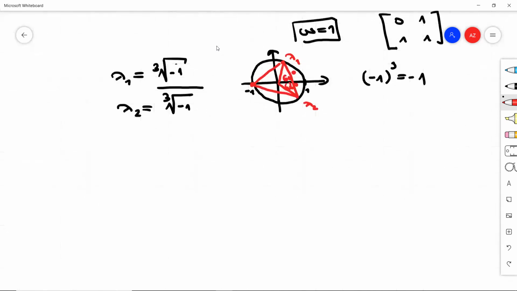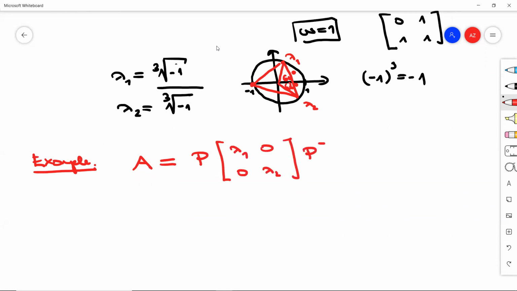So how can you formulate examples? If A is of size 2 times 2 and has 2 real eigenvalues, then we know that it's similar to this diagonal matrix with eigenvalues on the diagonal.